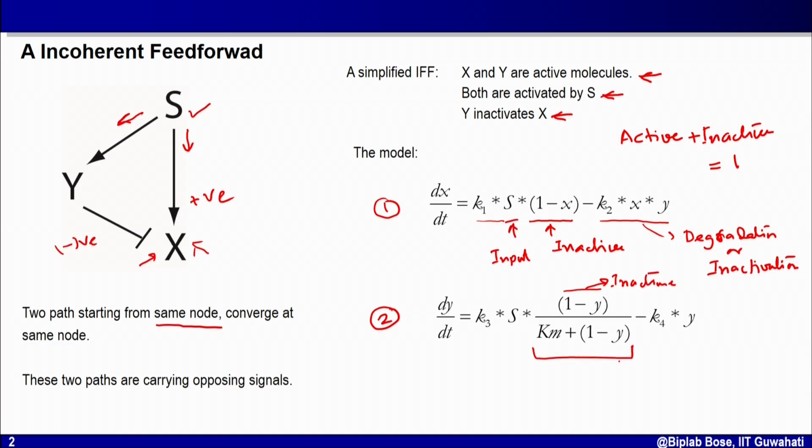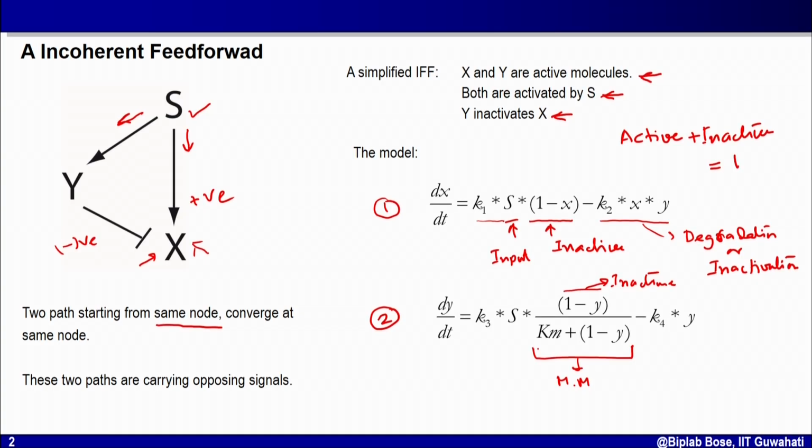And this whole thing, 1 minus y divided by Km, that is a Michaelis-Menten constant, plus 1 minus y, is coming from my assumption that this activation of y by s is a Michaelis-Menten process. Note that for x, I have not considered any Michaelis-Menten formulation. I could have, but to simplify the model, I have simply considered that 1 minus x, the inactive x, is reacting with S, as simple as that.